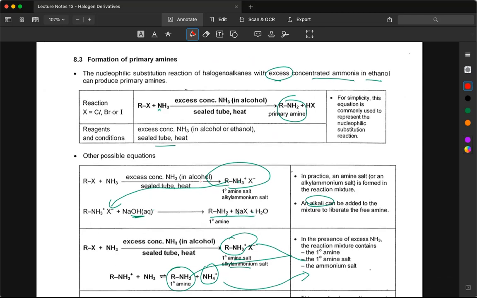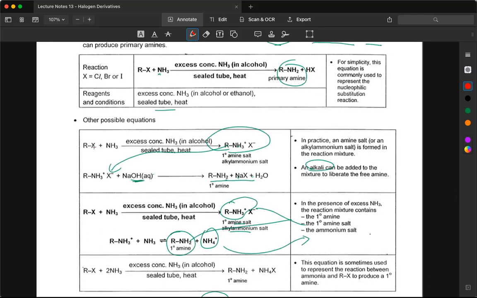Other possible equations include this, where we form a primary amine salt. The primary amine salt can further react with sodium hydroxide to liberate the free amine. So again, you take out the X to form the primary amine, sodium X and water.